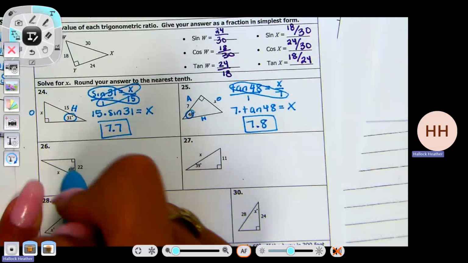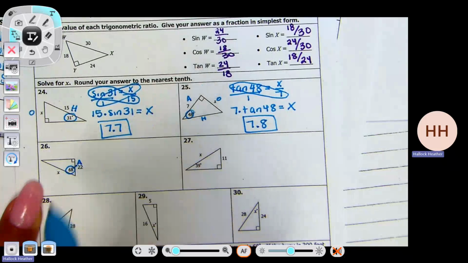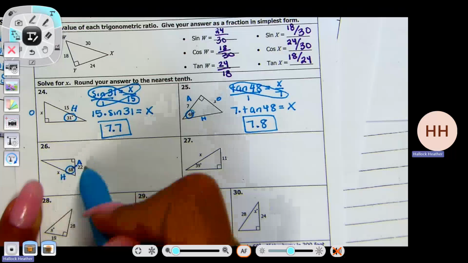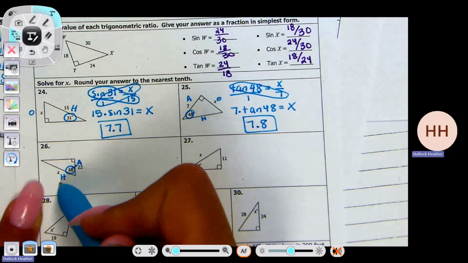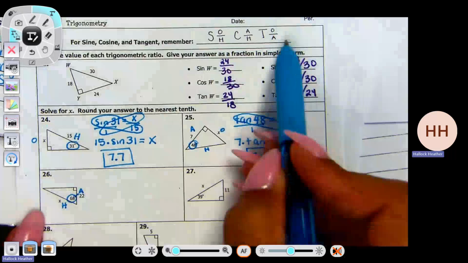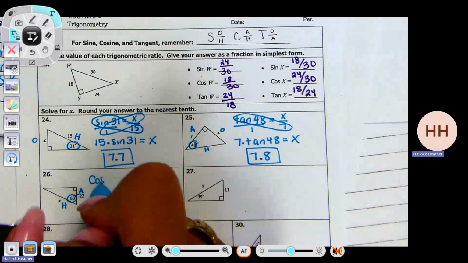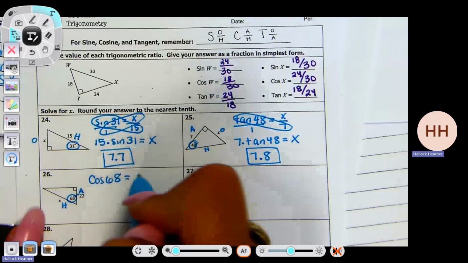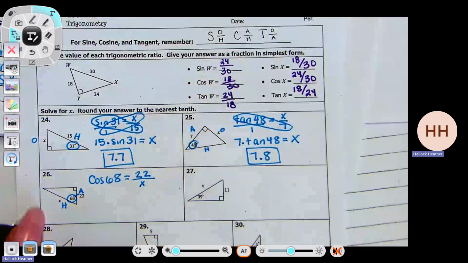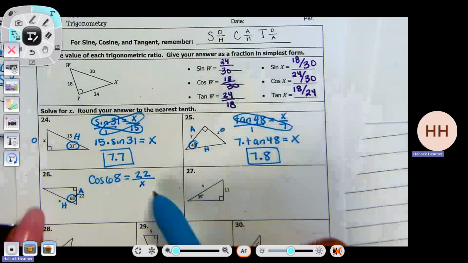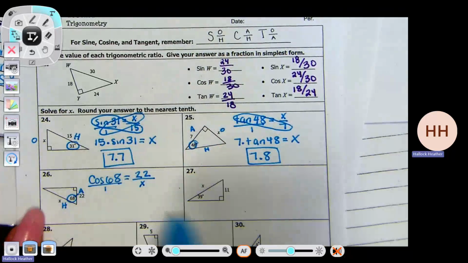I'm the 68. I have adjacent because it's right next to me, and I have hypotenuse. Adjacent and hypotenuse are always right next to you. Hypotenuse is the longer side. So this is A and H. A and H is cosine. So we're going to do cosine of 68 equals adjacent over hypotenuse. So when I cross multiply this time, notice that the X is now in the denominator. So this is not going to be a multiplication.